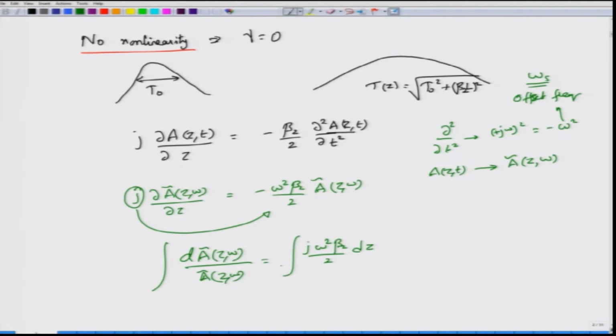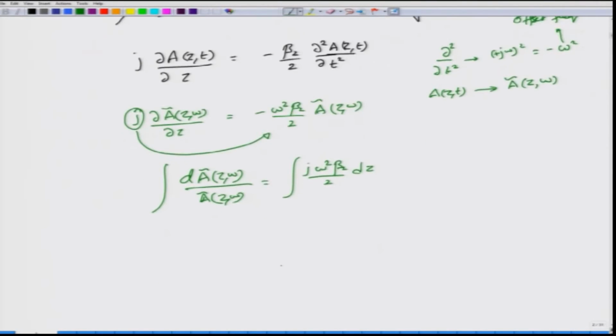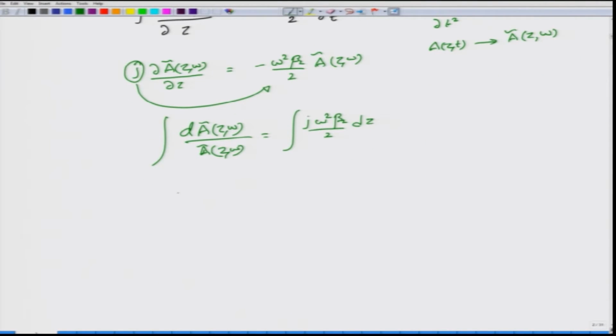Integrate on both sides and remember that the integral of dA by A is nothing but log of A, and you will have this fellow being j omega square beta 2 by 2 into z. Now, this would be log of A of z omega, and this must be equal to this fellow plus some constant of integration c.